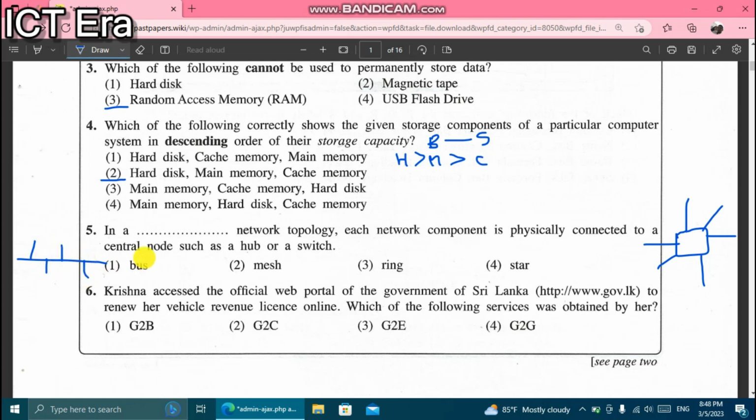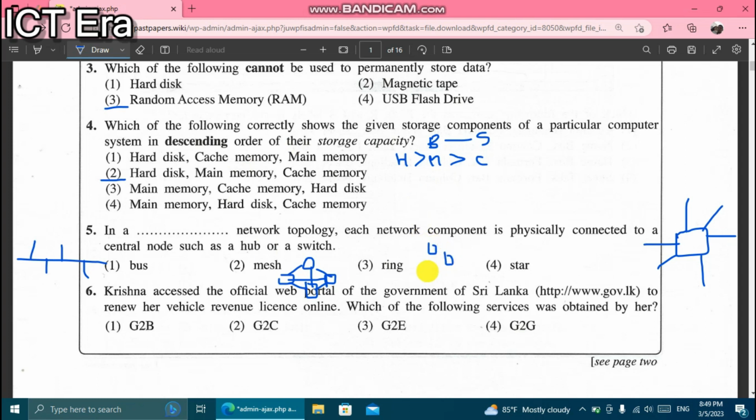Then mesh topology, it means all the computers in the network are connected with each other. That means like this. This is one component. Likewise, mesh topology connected to each other like this, right? Then ring topology means computers are positioned like a bangle or a ring shape like this.